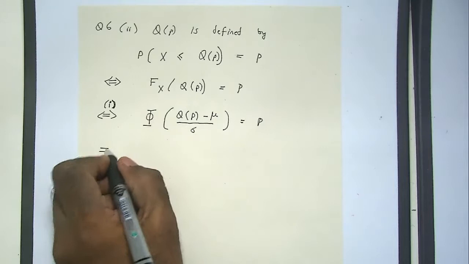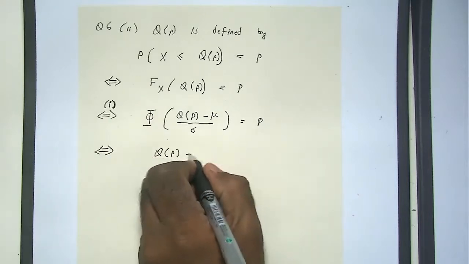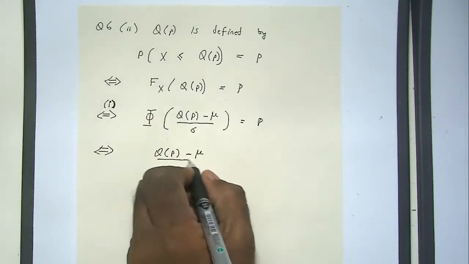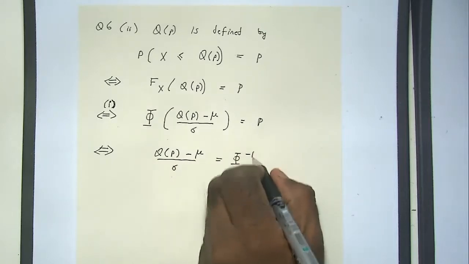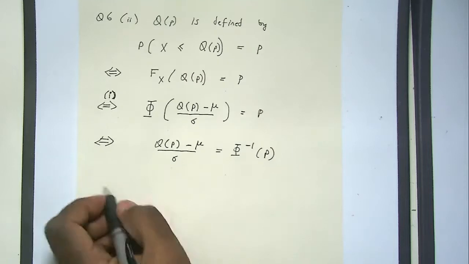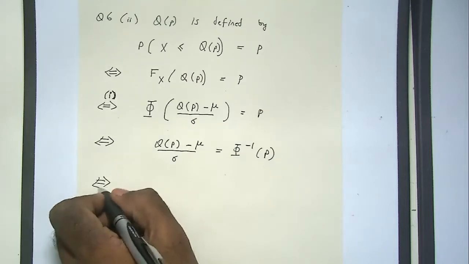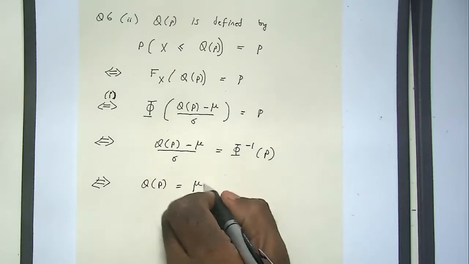And this implies that (Q(p) minus mu) over sigma equals phi inverse of p; you should take the inverse function on both sides. And this implies that Q(p) is equal to mu plus sigma phi inverse of p.